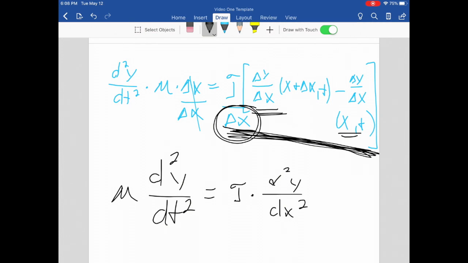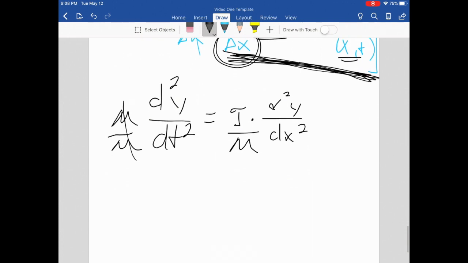What we can do here is divide over our mu, and use the equivalence that velocity is equal to the square root of tension over mu. We can see that t over mu, which is the same thing as squaring, would be equal to v squared.